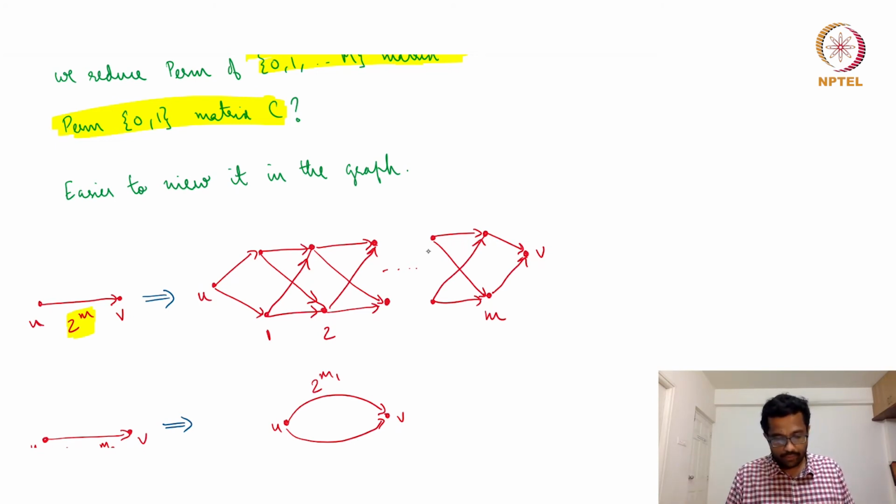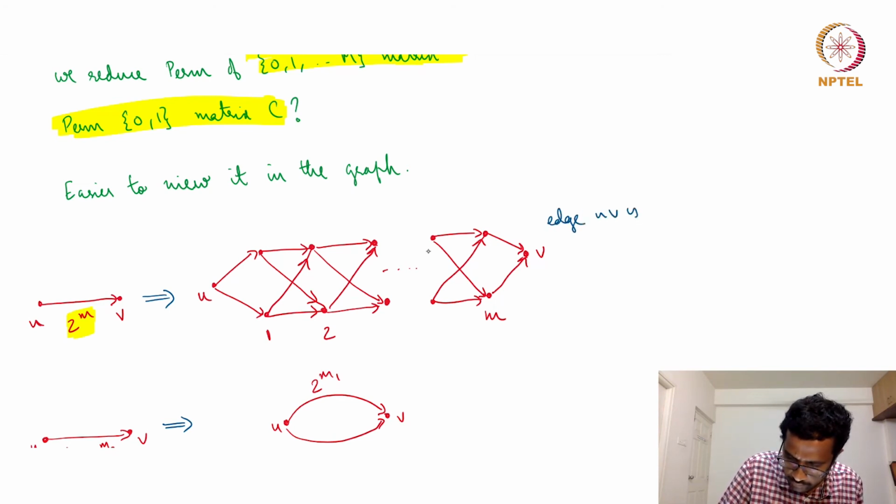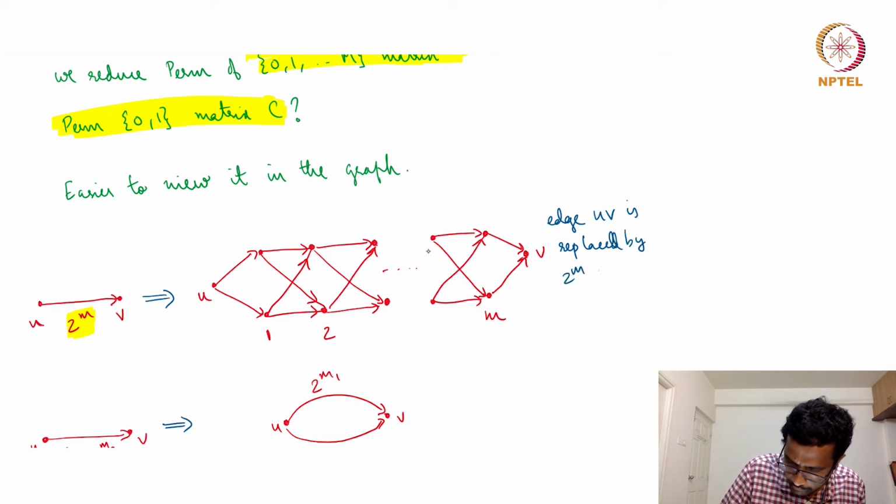So edge uv is replaced by 2^m u to v paths.